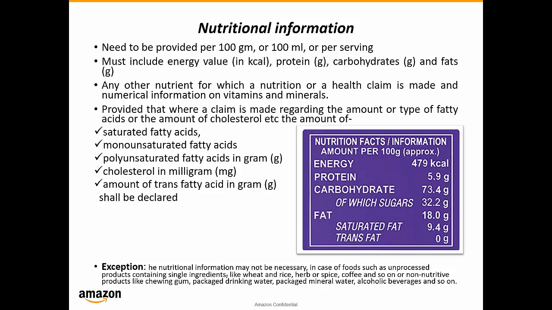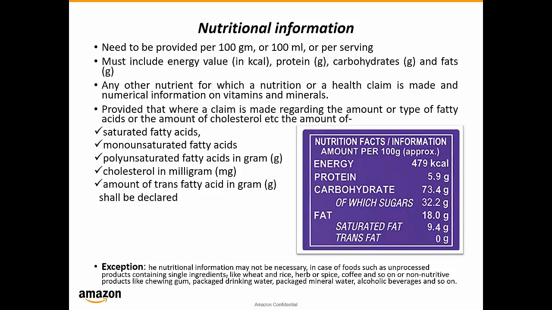If we are mentioning fat and it has saturated fats, unsaturated fats or cholesterol as well, then we have to mention these as well: saturated fatty acid, monounsaturated fatty acid, unsaturated fatty acid meaning trans fat, and cholesterol in milligram. That should be mentioned on the label. And we should mention sodium as well if it is part of the ingredients. If sodium is mentioned, we should definitely mention sodium in the nutrition information. If vitamins and minerals are there and we want to display them, we should display the vitamin and mineral quantity on the nutrition label.